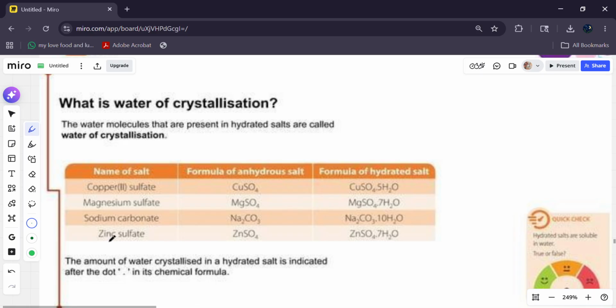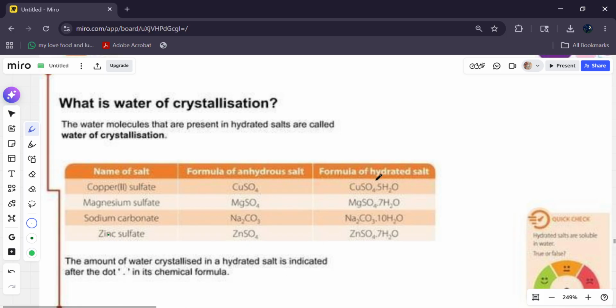The water molecules that are present in the hydrated salt are called, remember, water of crystallization. These examples are shown in the table. The amount of water of crystallization in a hydrated salt is indicated after the dot in its chemical formula. Now I don't think it's too clear to see.